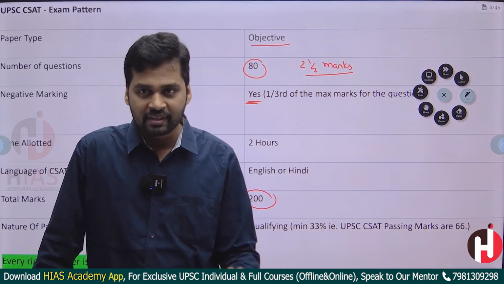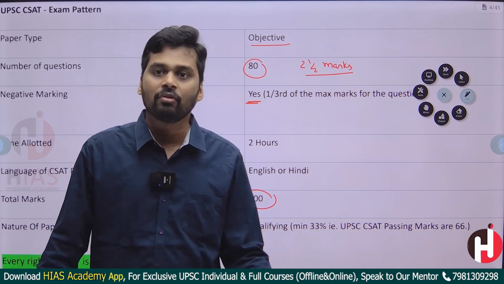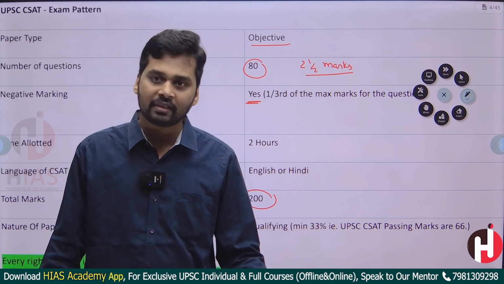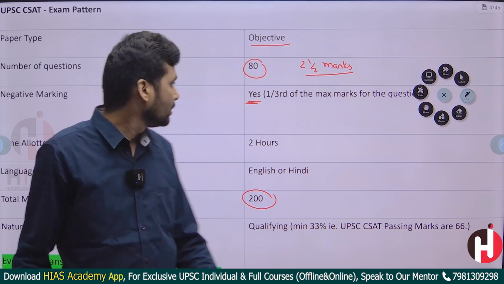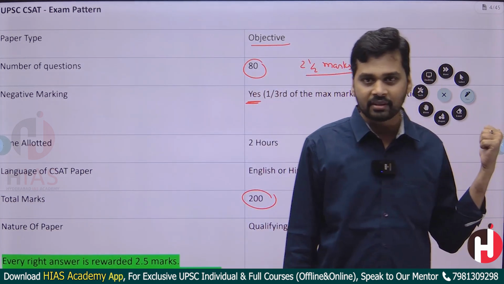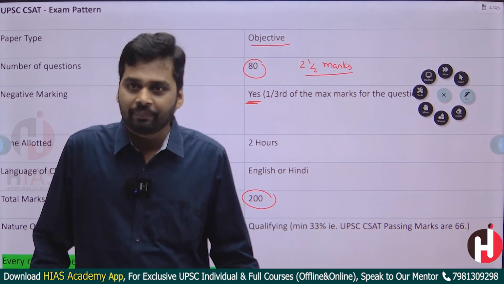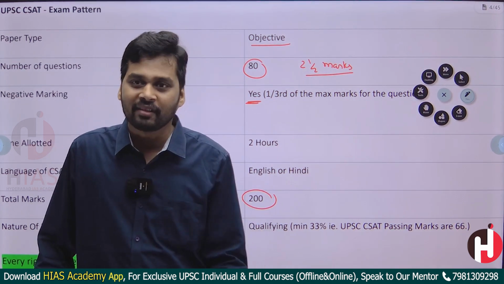CSAT is an objective exam, so you also have negative marking. Negative marking is 1/3 of the maximum marks. The maximum marks for each question is 2.5, so 1/3 of that is approximately 0.833.